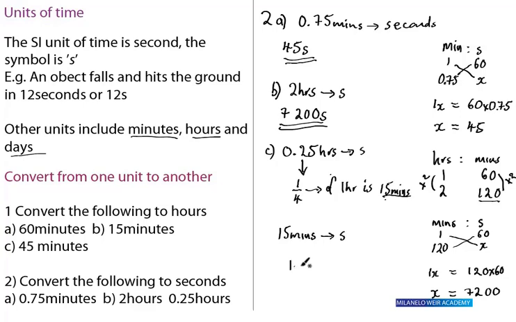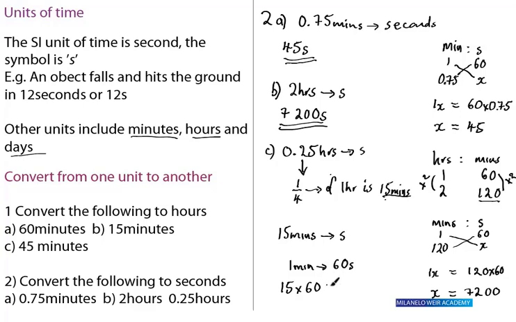We know that 1 minute is 60 seconds. So 15 minutes is 15 times 60. Let's punch our calculators.